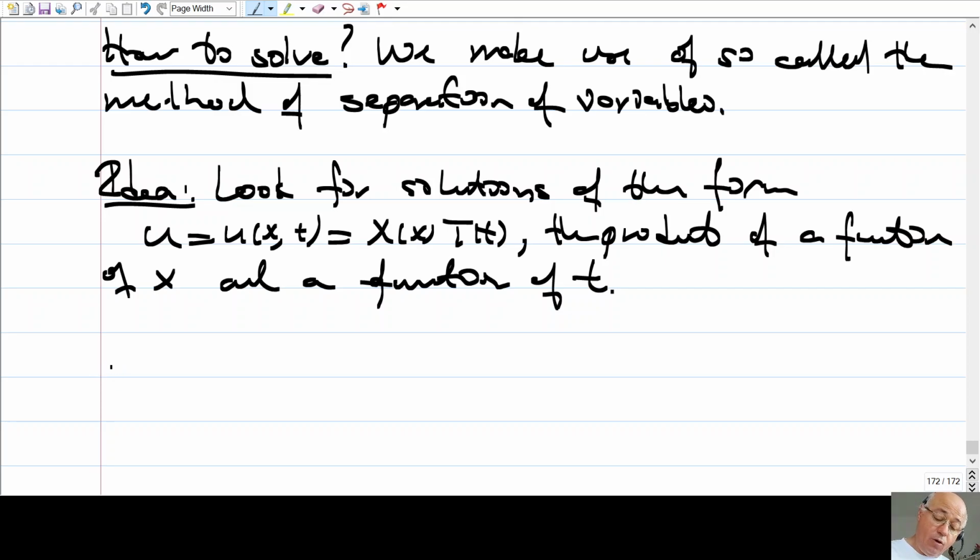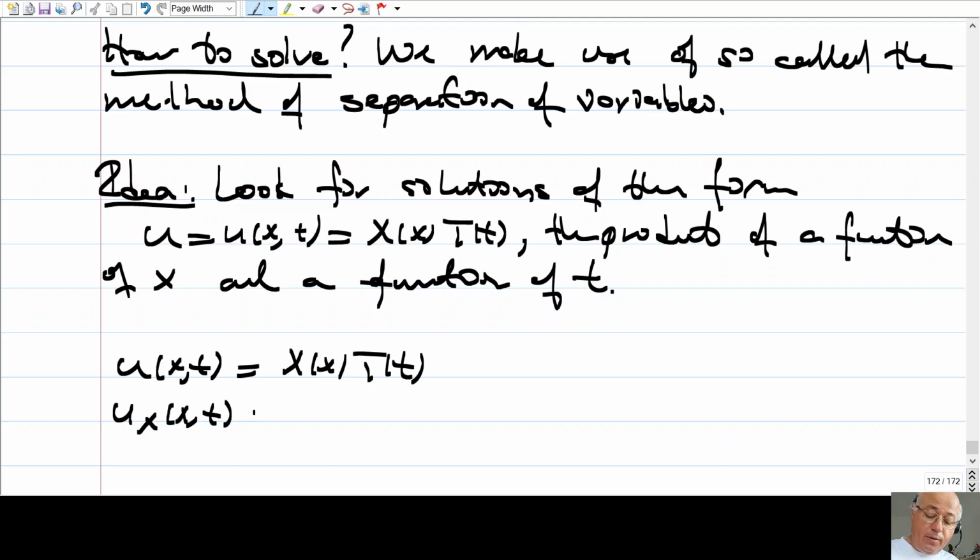All right, so for that, let me write it here again. u(x,t) equals X(x) T(t). To plug this into the equation, I have to take derivatives. So what is u sub x? Well, I take the derivative with respect to x.